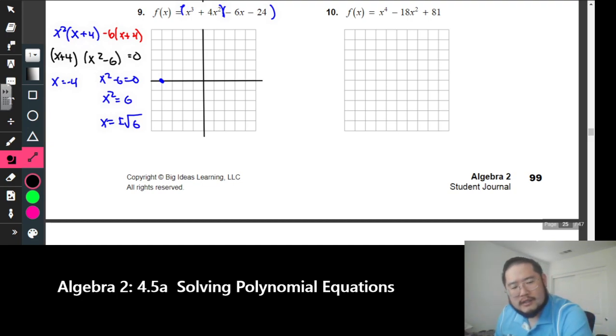Square root of 6, I think that is approximately, you get about, what, 2.45? Right, let's say it's about 2.45. So we have one at positive 2.45 and negative 2.45. We'll say it's like right around there.